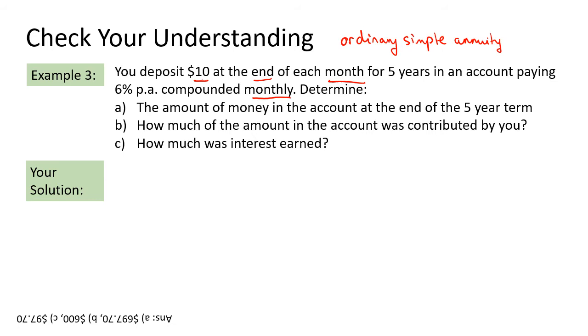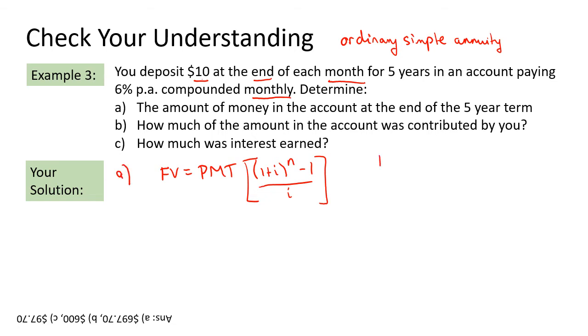So that means we're trying to find the amount of money at the end of the 5-year term. So the future value of this annuity. So your future value is equal to your payment times 1 plus I to the exponent n, I being the periodic interest rate, n being the total number of payments, minus 1 divided by the periodic interest rate. So this is part A, right?